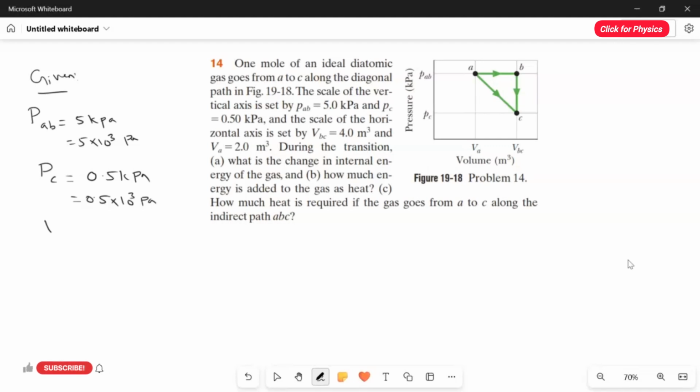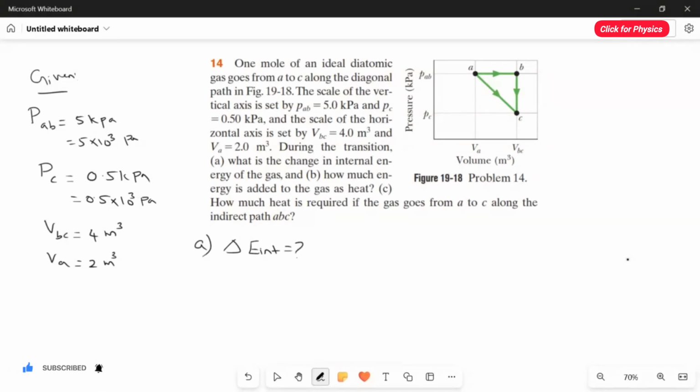Likewise, in the x-axis, the volume of BC is equal to 4 cubic meter, and the volume of A is equal to 2 cubic meter. So in the first part, we have to find the answer for the change in internal energy.